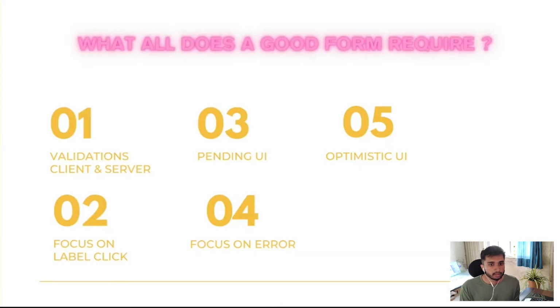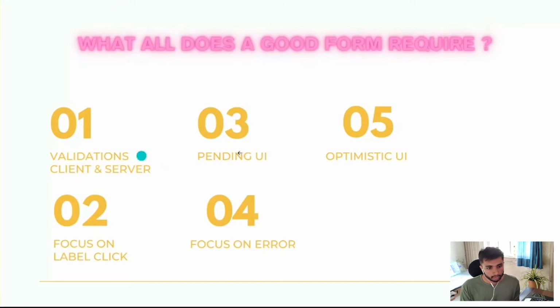Okay. So what is a good form? There are a lot of things which you would require in a form which would make it a very good form. But some of the things people usually look for are validations on the client and validations on the server, and we'll also look at pending UI.